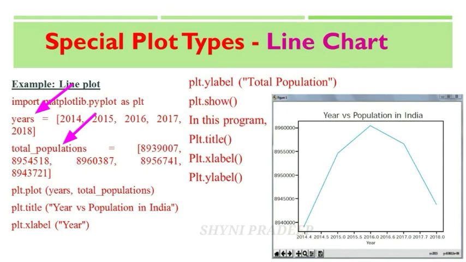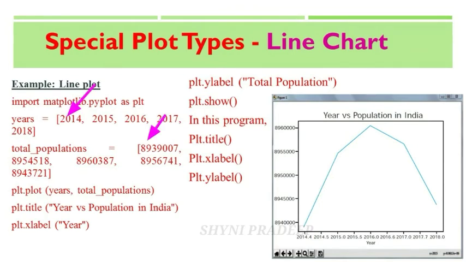So here you have to specify the years values. Here you have to specify the total population values. Plot title means it specifies the title of the graph. Plot xlabel means specify the label for the x-axis. And plot ylabel means specify the label for the y-axis. You have to draw this line chart based on these years and total population values.